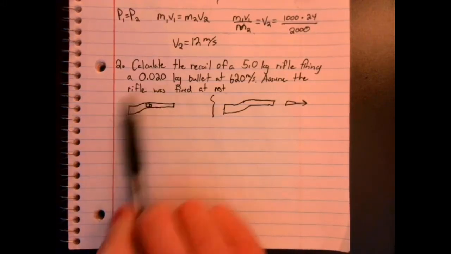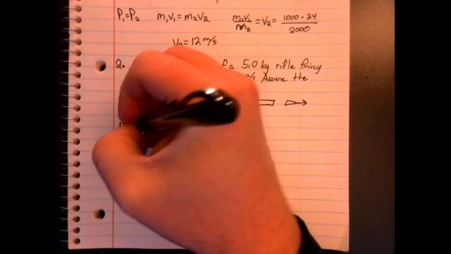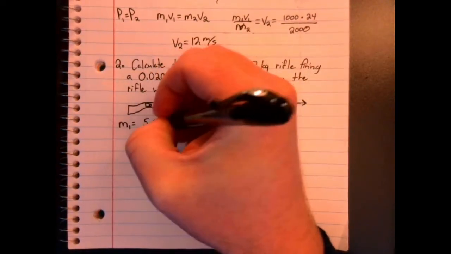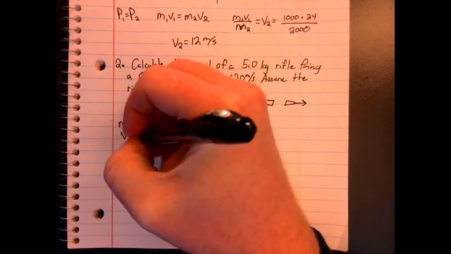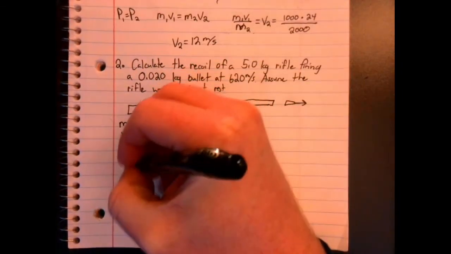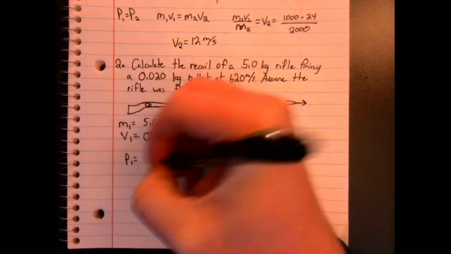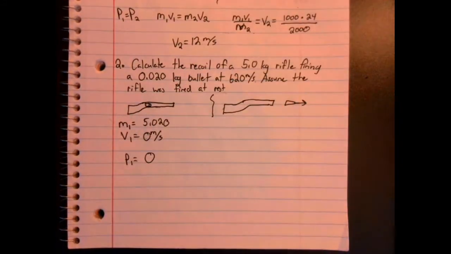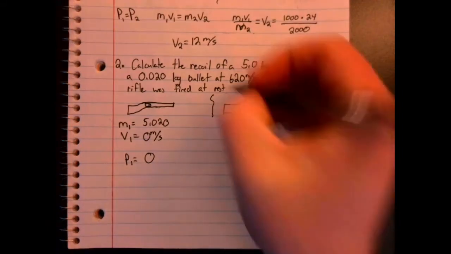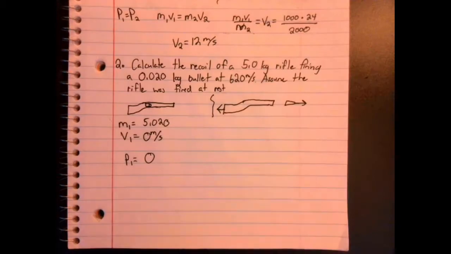And at the beginning, our mass at position 1, or mass of both of these things together, is 5.020, but our velocity is 0 meters per second, which means our total momentum at position 1 is 0. There is no momentum at position number 1. So we need our momentums from these two pieces to cancel each other out, which means the rifle must go the opposite direction.